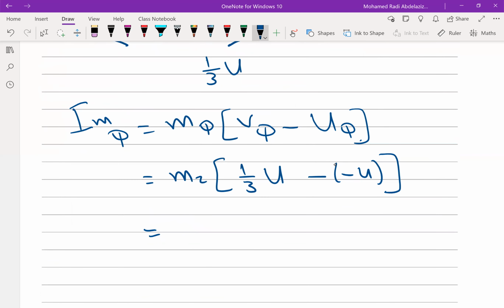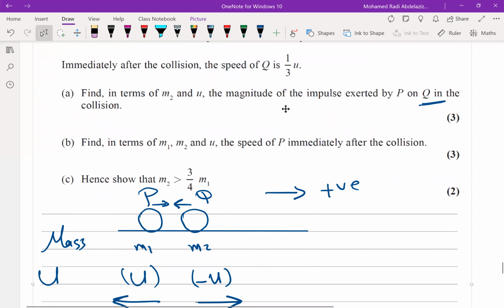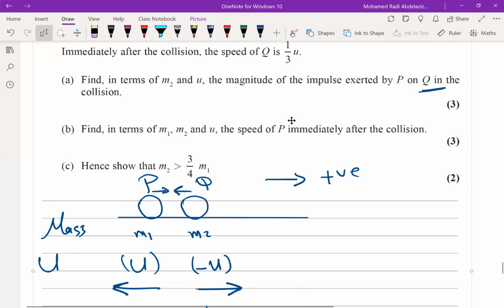Simplify, and your answer will be 4/3 u, since negative and negative is positive, multiplied by M2. So the final answer is 4/3 M2 u. He asked to get your answer in terms of M2 and u.